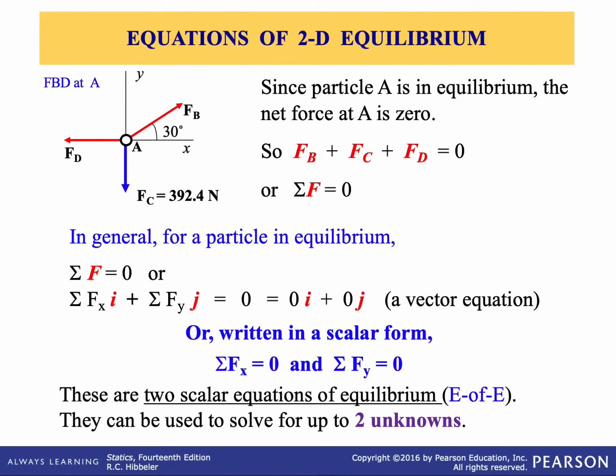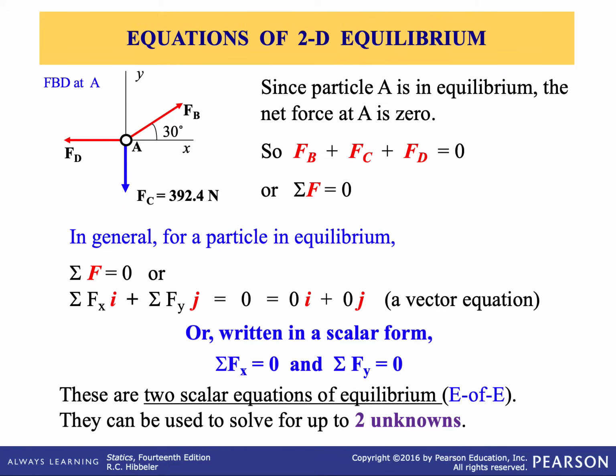If we add FB plus FC plus FD, the three acting forces, they should all equal 0. And remember that all the forces could have two components. If this is a planar system, a two-dimensional Cartesian coordinate system, we will have a component on the x-axis and another component on the y-axis.